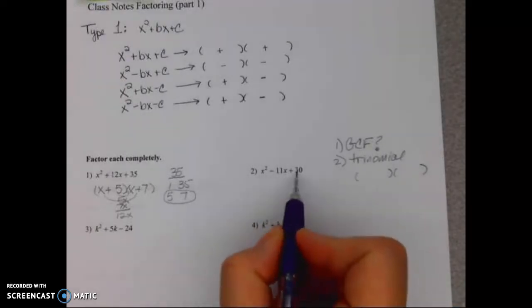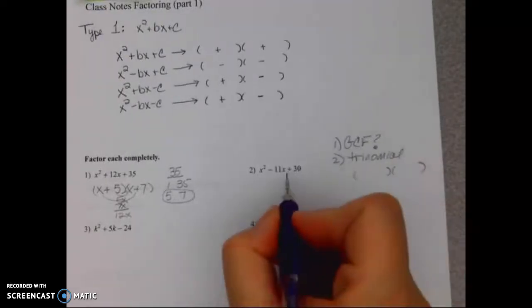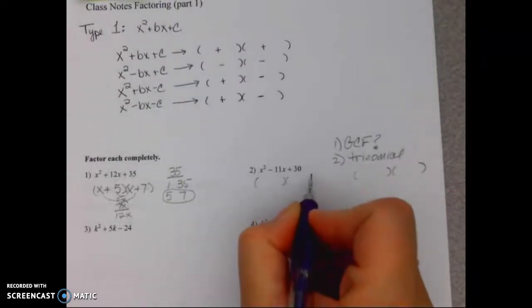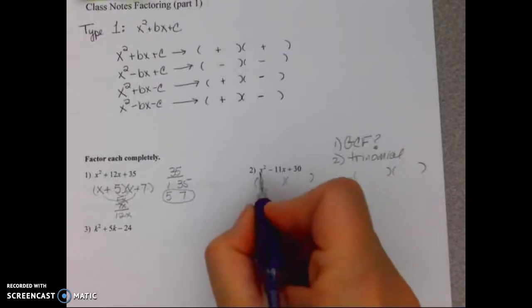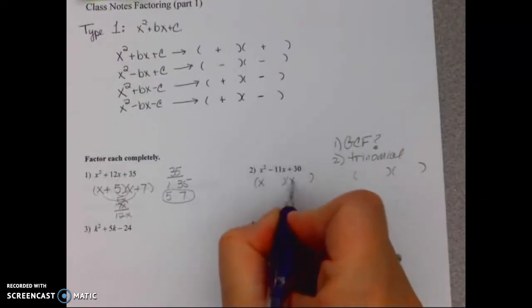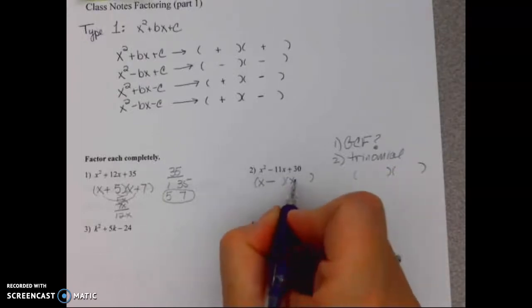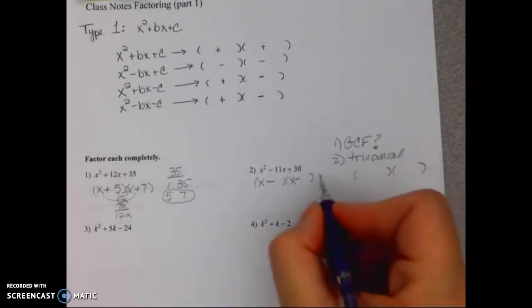Can I factor out a GCF? No. So the GCF doesn't work. We're going to factor the trinomial, two sets. X squared is x times x. My signs are the same. My signs are both negative. Factors of 30, here we go.